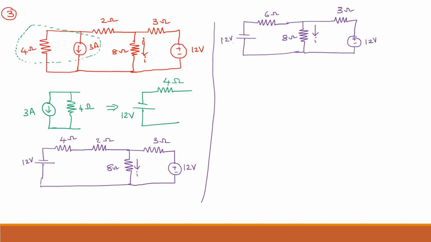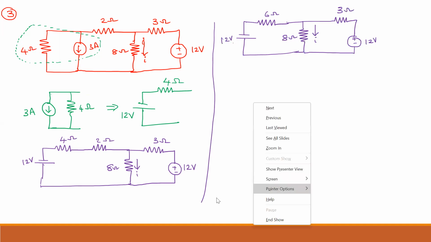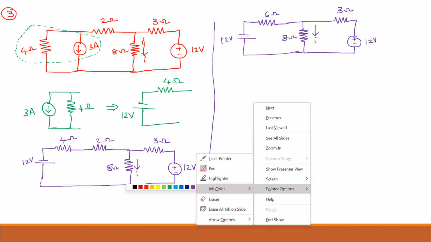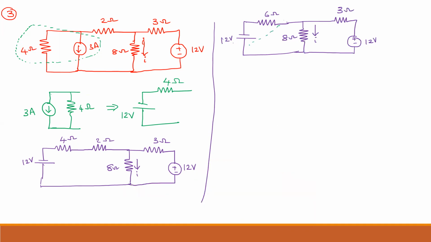Yes, because a voltage source with series resistance is there. In this case, this is a voltage source with a series resistor. This is also a voltage source with a series resistor. Don't think that, sir, in one place you drew it like this and in one place like this.